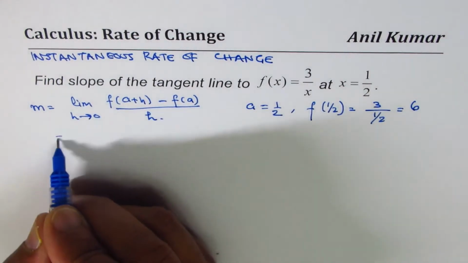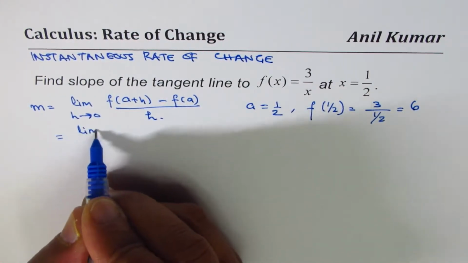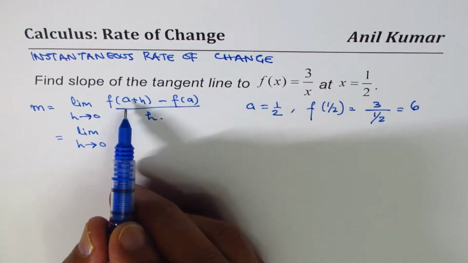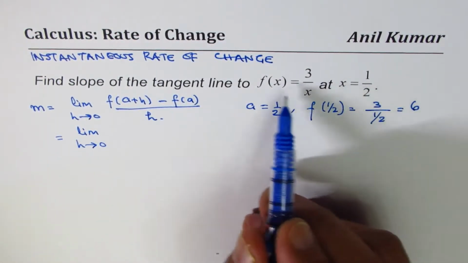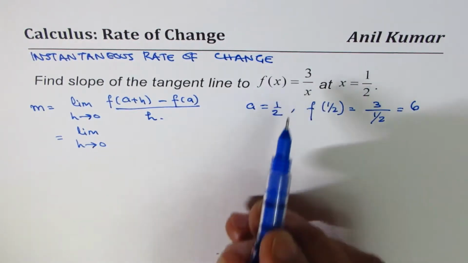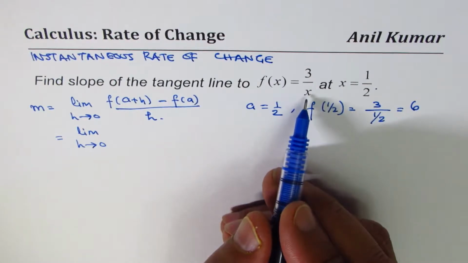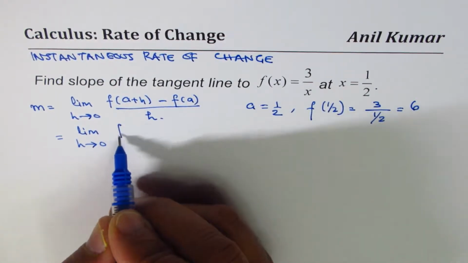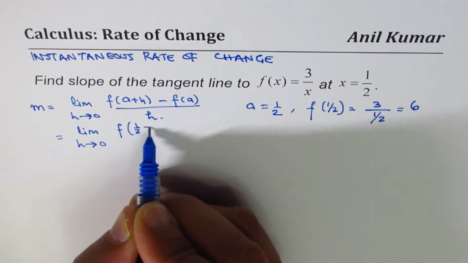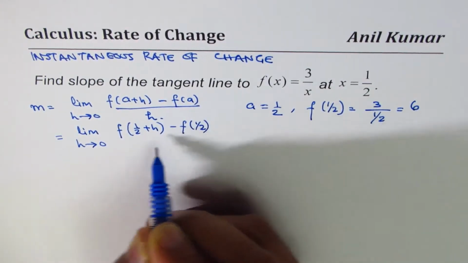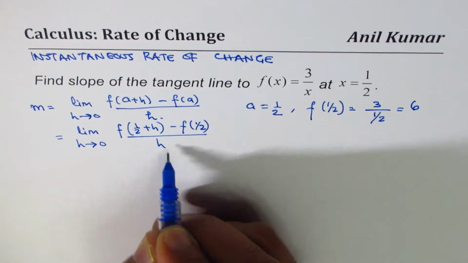Okay. So the slope will be the limit as h approaches 0. So f of a plus h, a is half for us, so we could write this as f of half plus h minus f of half, over h, correct?